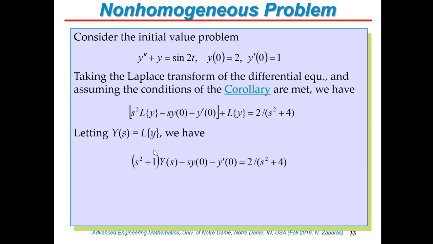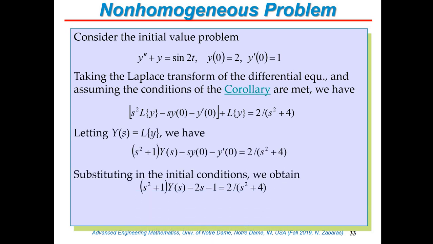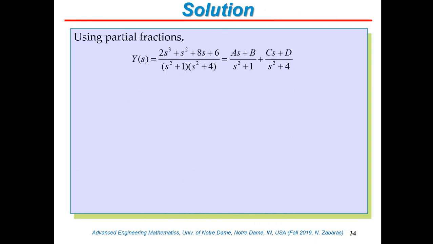So plug in the initial conditions and solve for your Laplace transform. You get this expression that looks complicated, so we're going to have to use partial fractions to be able to identify the inverse of this.